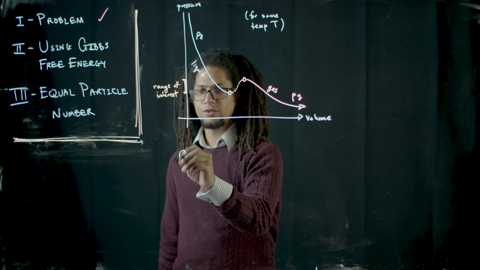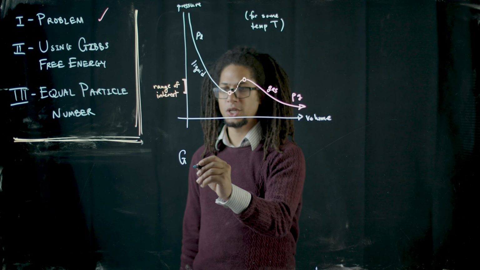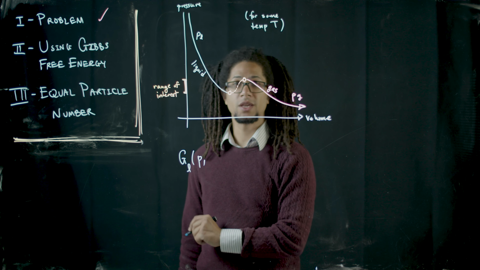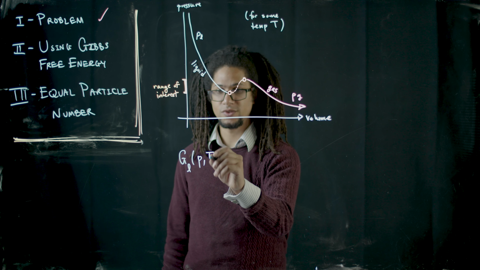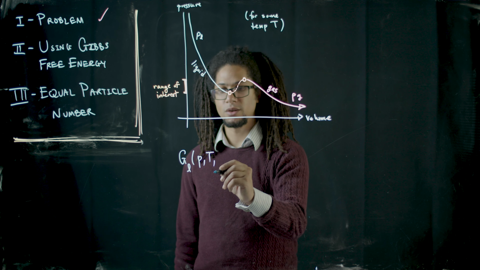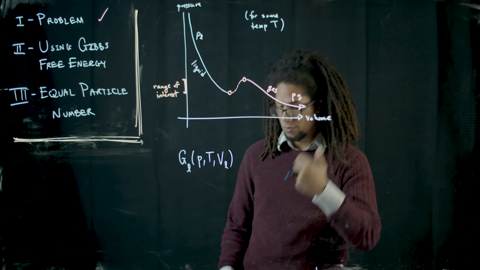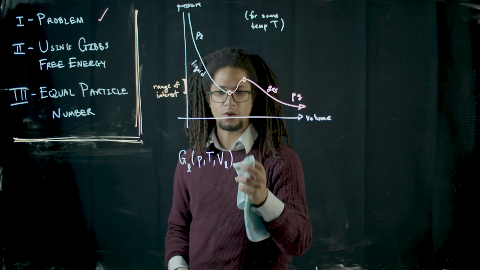We'll have some Gibbs free energy in the liquid phase. It will be a function of P. It will be a function of T. And we'll have some solution V liquid. We know that from before. Oh, sorry. And then we'll have some number of particles.